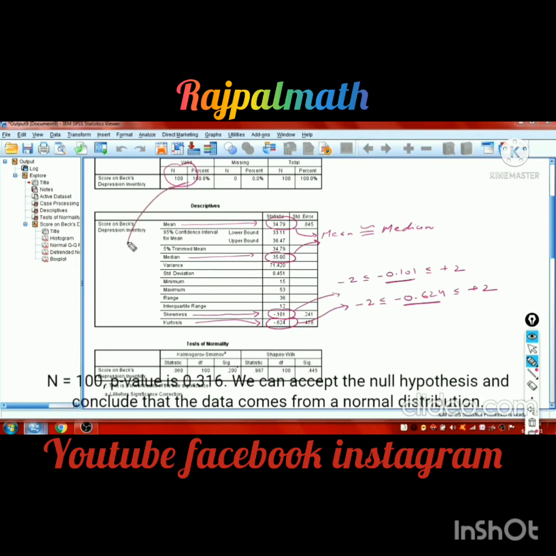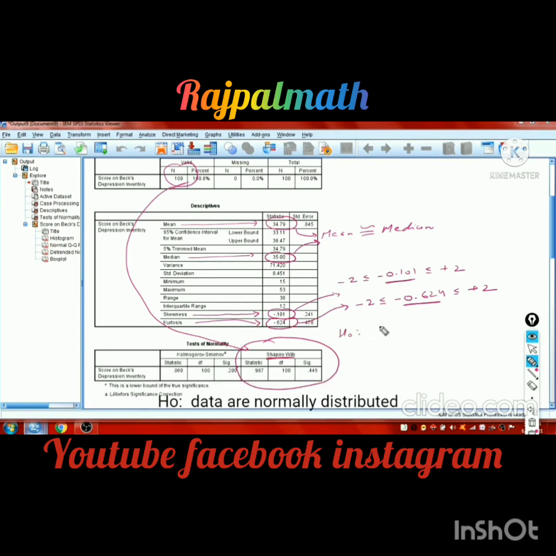As n equals 100, we can use the second part of the test, Shapiro-Wilk. We can accept the null hypothesis as the p-value is 0.445. Here the null hypothesis is that data is normally distributed.